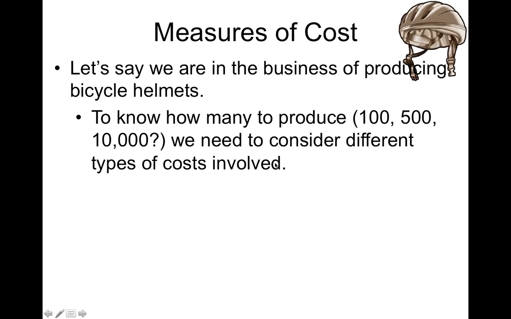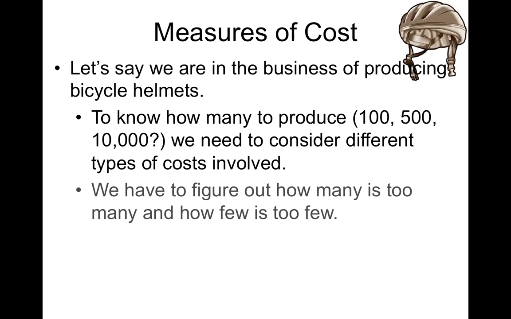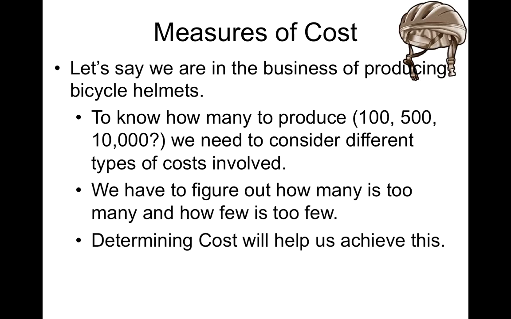So I'm going to think about this in smaller numbers, and I'm going to work up using a calculator to figure out what is the best number to produce and how it's going to help me out. I have to figure out, like I said, how many is too many and how many is too few. Determining cost will help us achieve this.